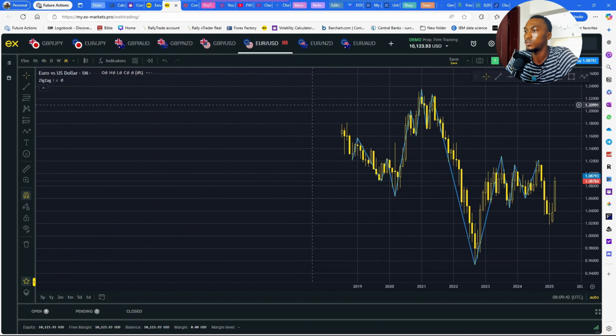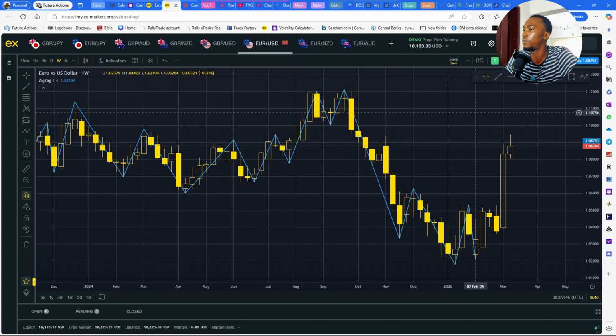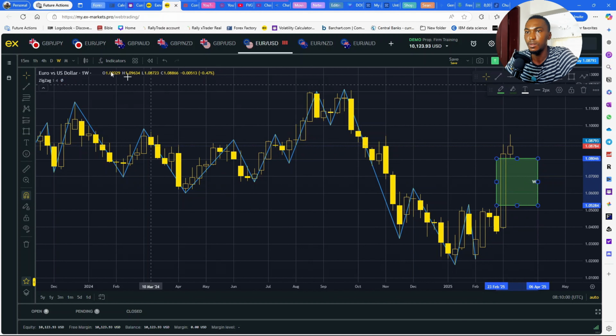The euro, US dollar. Okay, so I think we have a very similar case here, obviously. And if you look in the 4 hours, that is exactly a similar scenario.